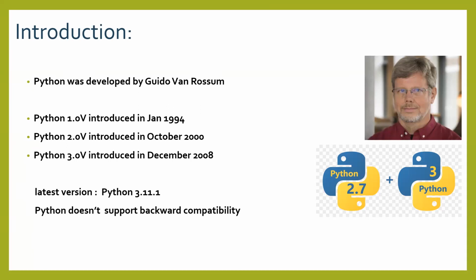If I want to write the code in Python 3, I write print, open parentheses, and hello. But coming to the Python 2 version, we need not write these parentheses. Simply print, quotes, hello. This will be supported for the Python 2 version. So these are the differences between Python 2 and Python 3.